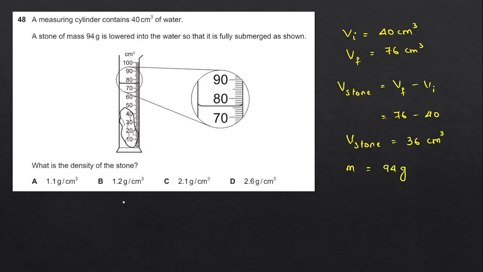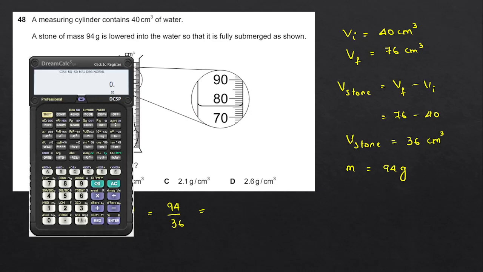So density is given by mass by volume, 94 over 36. For this, let's use our calculator. 94 divided by 36 is 2.61.